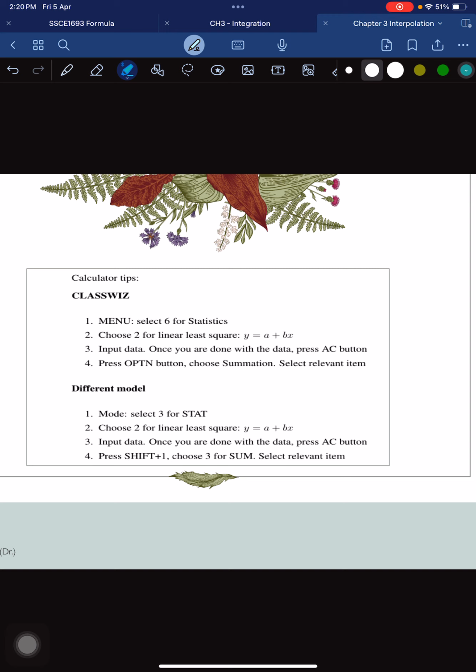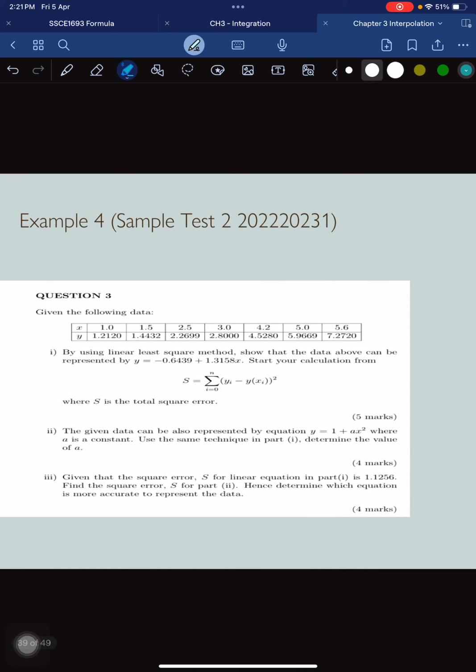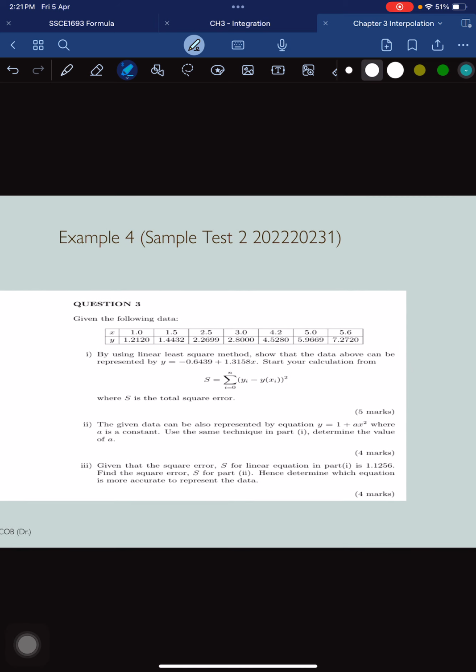Number 2 is y equal to a plus bx on your calculator, so you press 2, and then you key in all your data. So x we have 1.5 equal 2.5 equal 3 equal 4.2 equal 5 equal 5.6 equal.